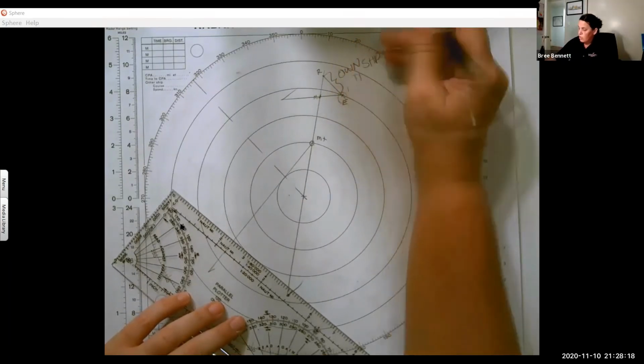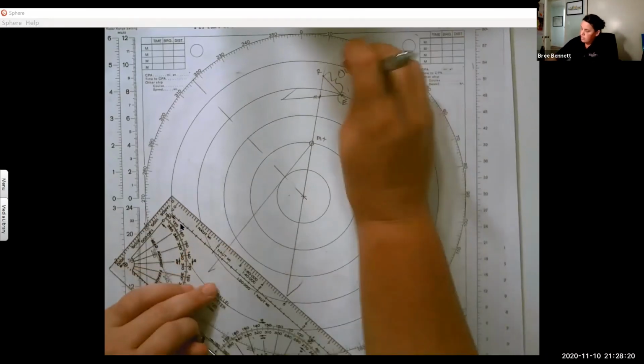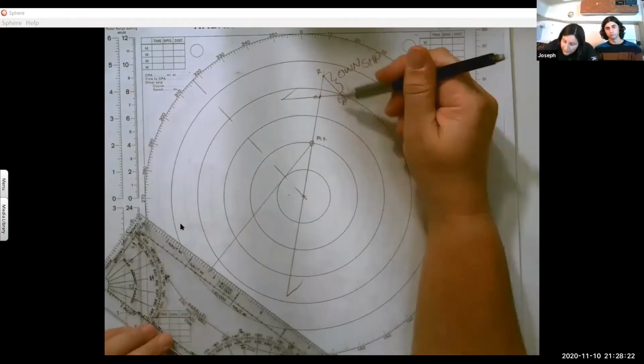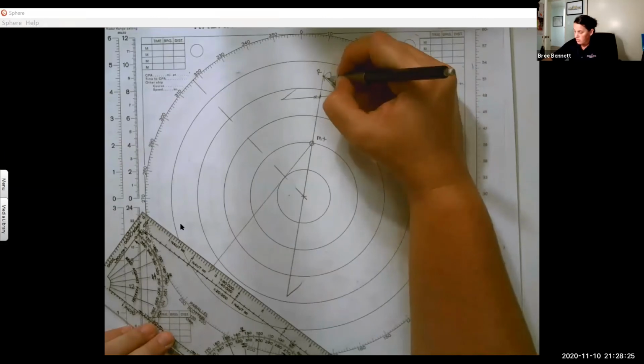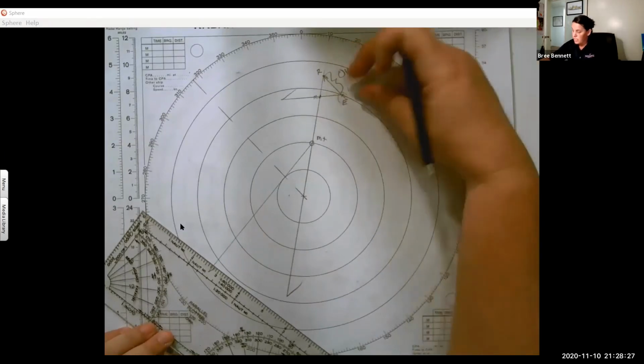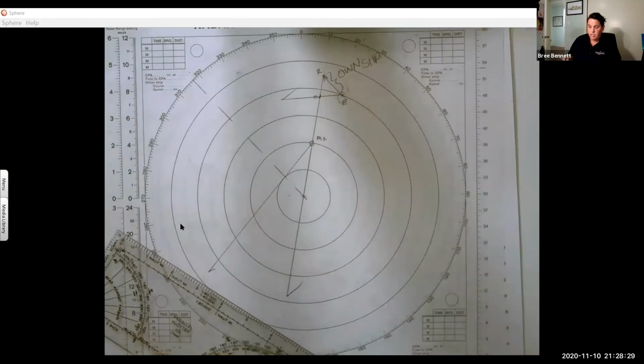So we're using what we know: my ship's course, E to R, and my ship's speed, which is 20 knots. So we use 2 miles.